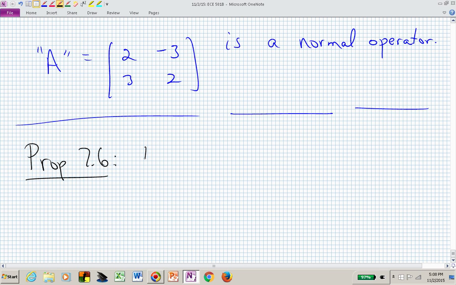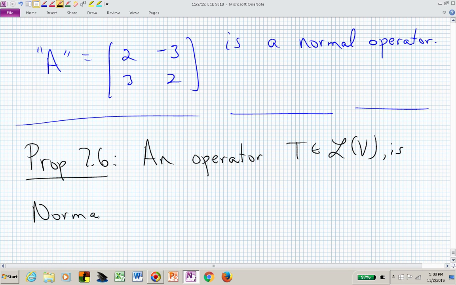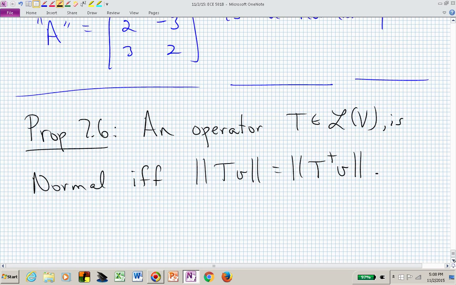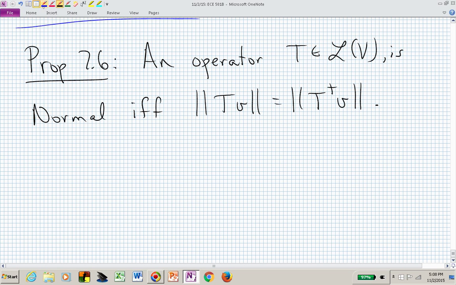Proposition 7.6. Say we're starting with an operator T on V, and now we're going to say that operator T is normal if and only if the norm of TV is equal to the norm of T dagger V. So this is sort of where this norm is coming from in normal.